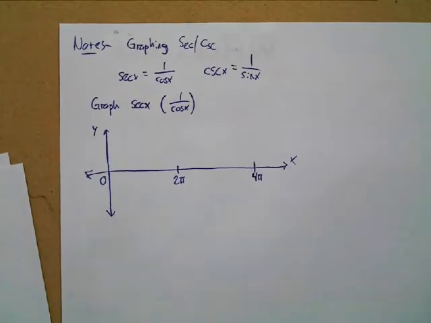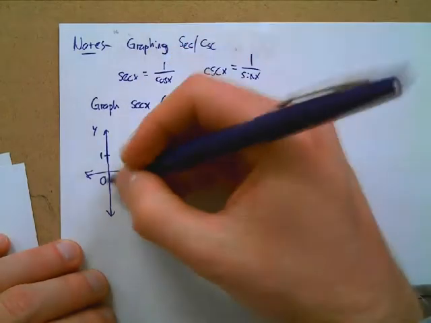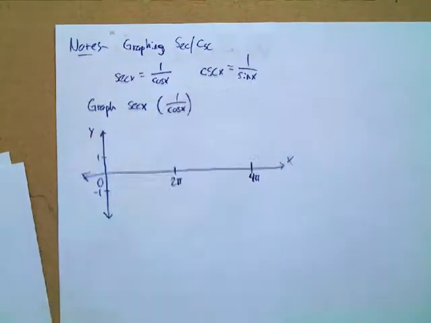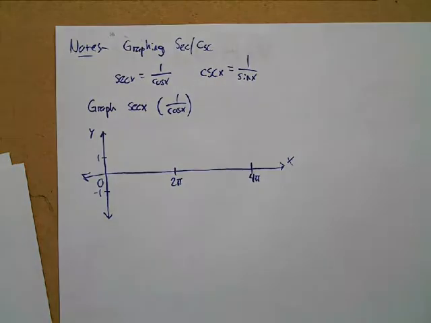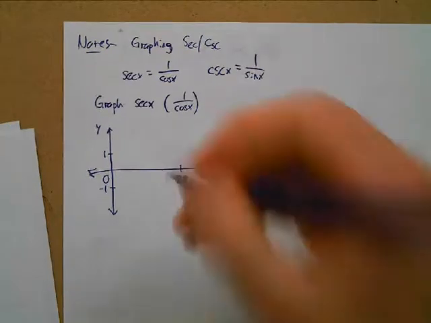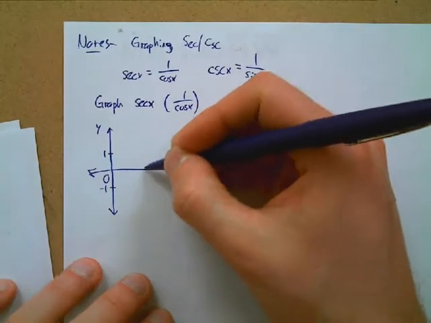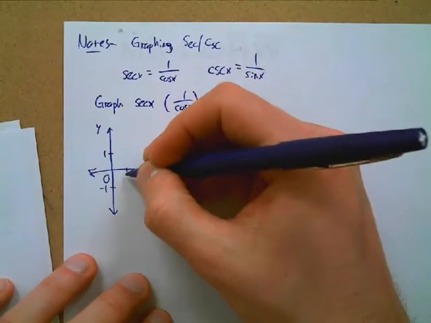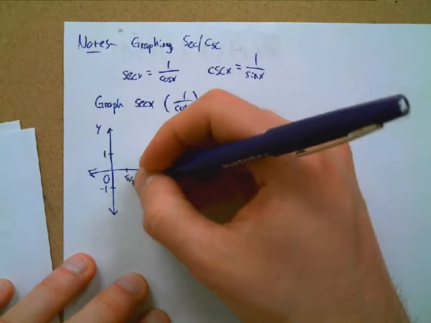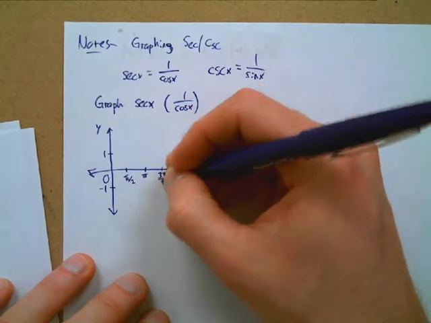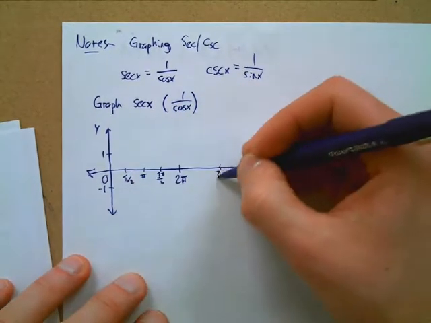Okay, and then I'm also going to mark in a -1 and 1 there just for our help. And of course we need to find our halfway points and our quarter points. So then pi and pi over 2 and 3 pi over 2. And then 3 pi and 5 pi over 2 and 7 pi over 2.